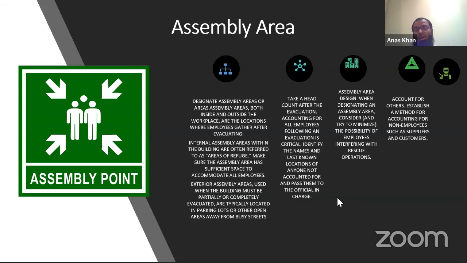It might be that the wind is going from north to south, and your assembly point is also towards the south. In this case, the gas or the fire flames will also come near the assembly point. You have to put it far away from danger, and also against the direction of the wind.